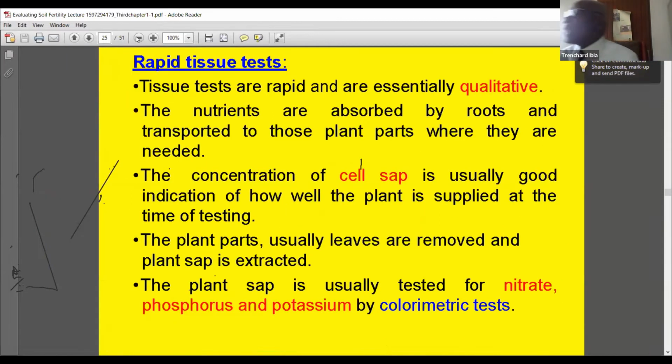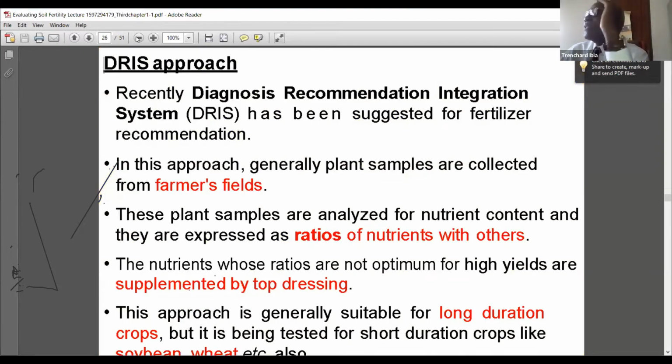The plant sap is usually tested for nitrate, phosphorus, potassium by colorimetric method. Now you can do rapid tissue test. You can collect plant sap and do a rapid test using colorimeters, and you can take quantitative decisions by looking at colors and nutrient grading and fertilizer recommendations.